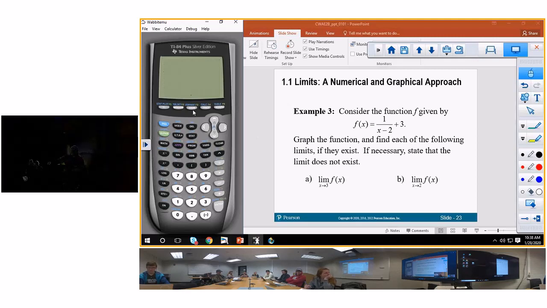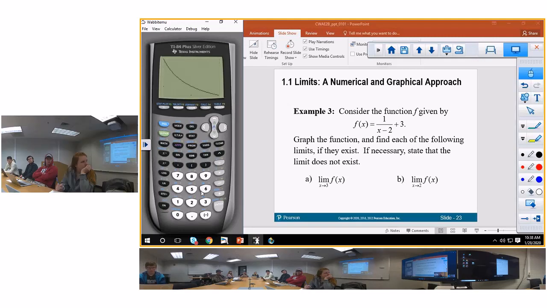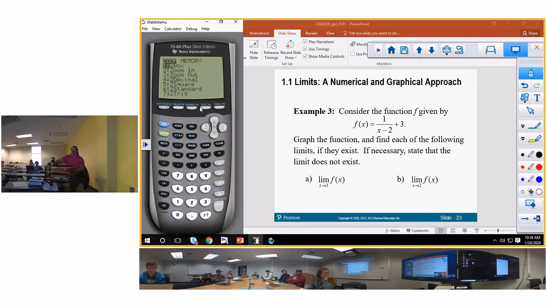And zoom fit. Which one is zoom fit? Didn't zoom fit. Zoom standard. There we go. And there is your vertical asymptote.